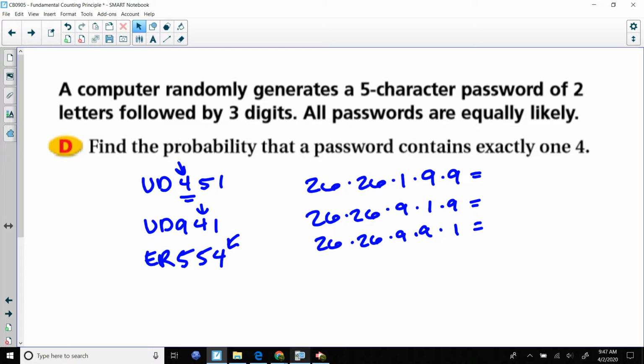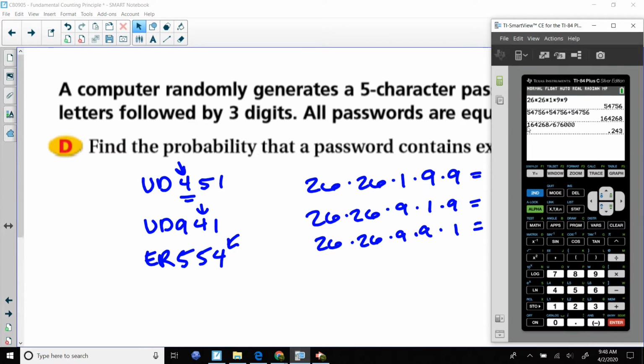So if we do the math on that, we find out that 26 times 26 times 1 times 9 is 54,756, really, really close to 55. It's almost like somebody planned that. But we're going to take that number and we're going to add it 3 different times, because when we do this math, we'll get the same number every single time.